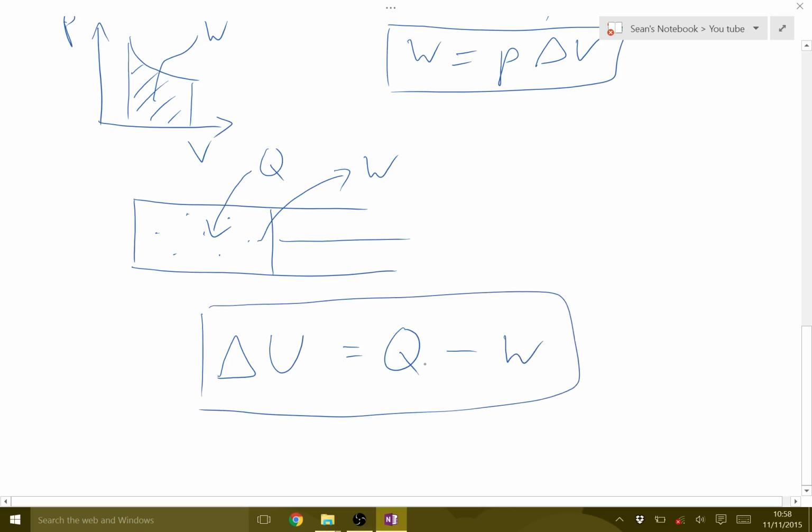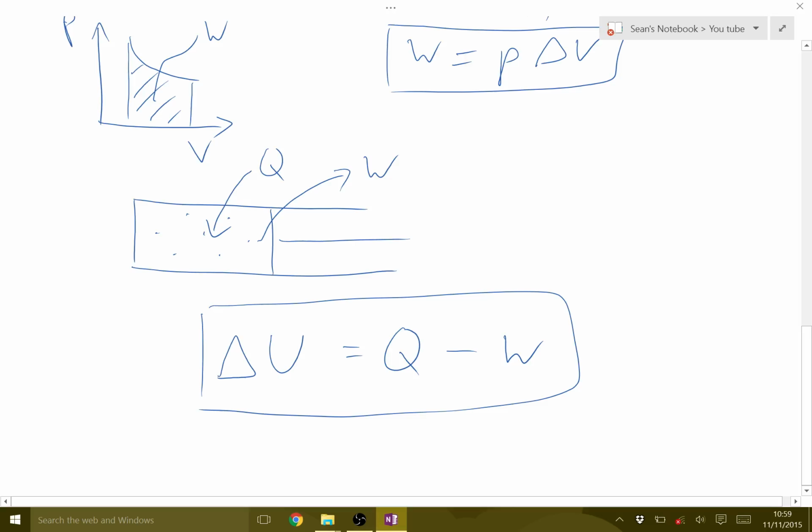So if you ever get stuck thinking about which sign you should be using, don't try and just memorize this equation. Think about what's going on. Draw the piston and think, I've got a certain energy in here and I want to know what the change is. If I put a Bunsen burner under this, then the heat is going to have a positive contribution. I'm putting it into the system. If this system is heating the outside, then the heat is coming away, so the heat would then need to be negative.